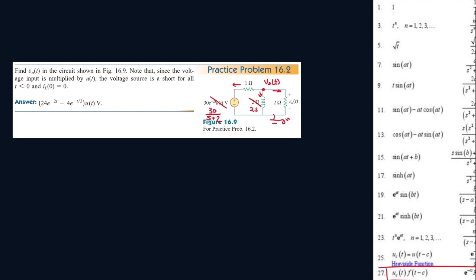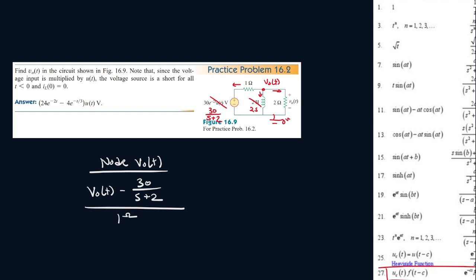So let's start solving. So for node VO of t, it's VO of t minus 30 over s plus 2 all over 1 ohm. And plus, oh, so it's not VO of t, it's VOS. Sorry, my bad. It's supposed to be, because everything's in Laplace format right now.